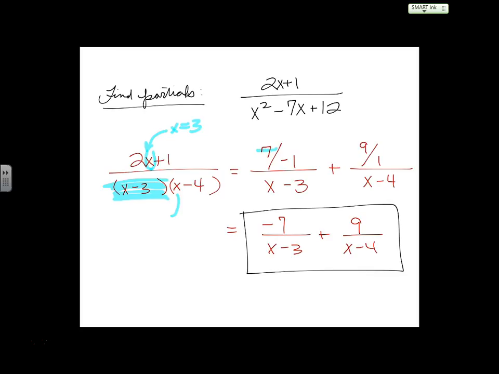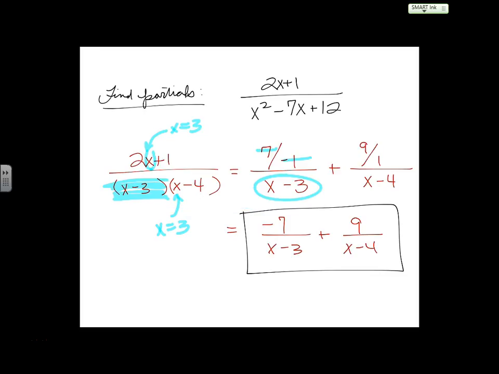Plug in x equals 3 also here. Where do we get the 3? Remember, it's the 0 of the factor that we're ignoring. 3 minus 4 is negative 1. Why did I put it over this guy? Because they have to match. When I cover a factor, I'm solving for his coefficient.